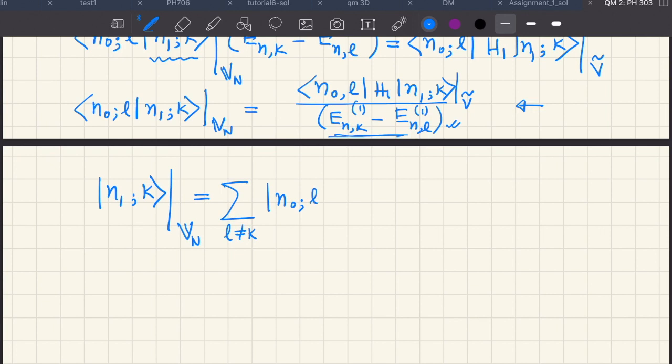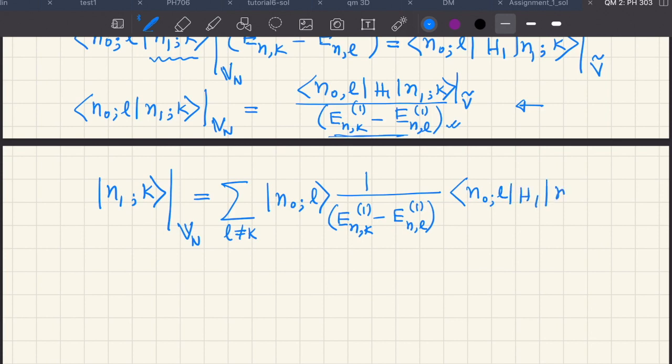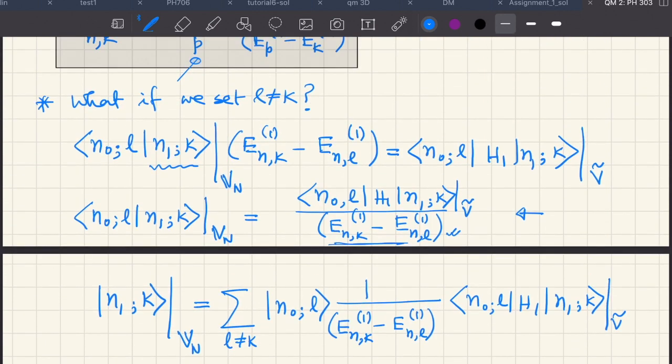N naught L is there, 1 by Enk1 minus Enl1, then N naught L H1 N1 K V tilde. So that's the full result.